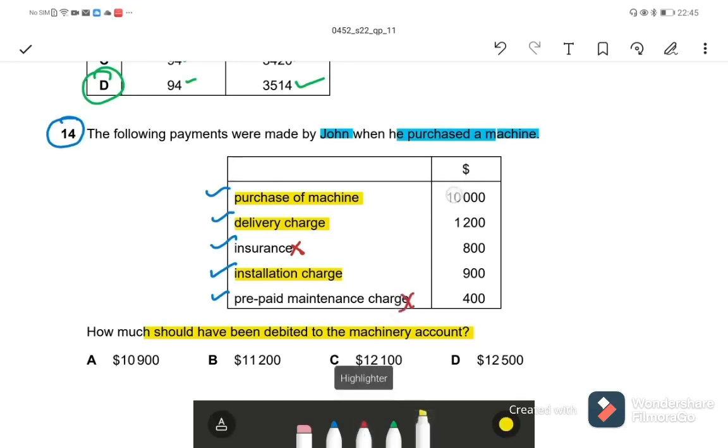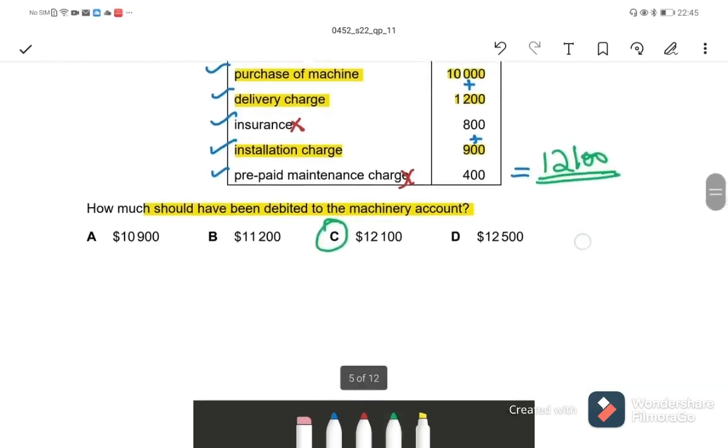So you have to add 10,000 plus 1,200 plus 900. So the correct answer is $12,100. C is the correct answer.